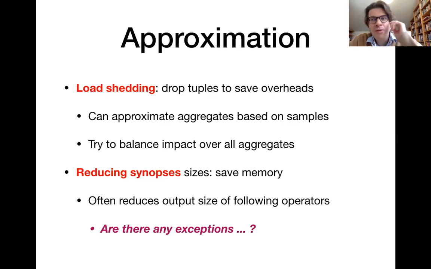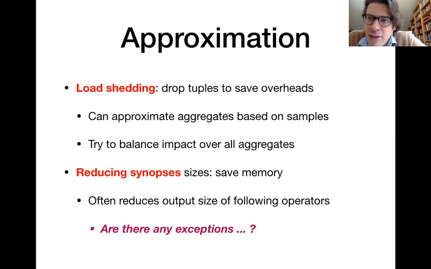And in general, those operators often have a so-called synopsis. If you remember, for instance, for the join operator, the synopsis would correspond to a hash table pretty much, which allows you to quickly find the joining tuples in the second input if a new tuple arrives for the first input stream, for instance.